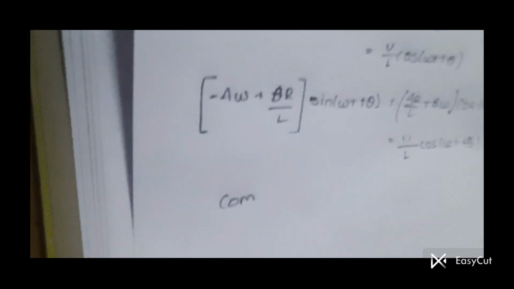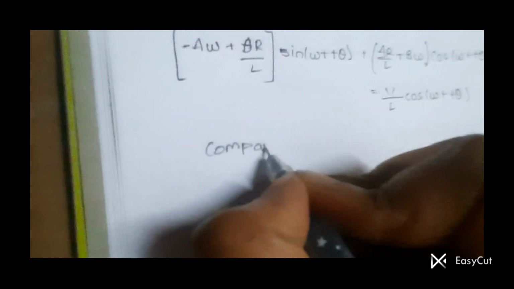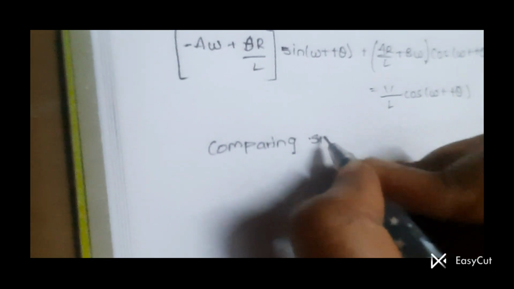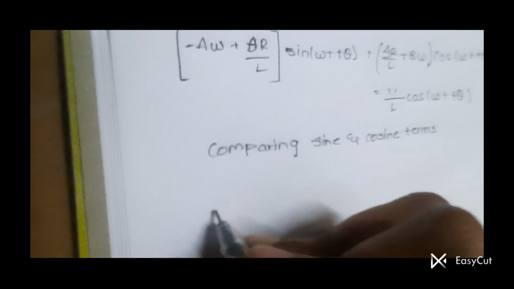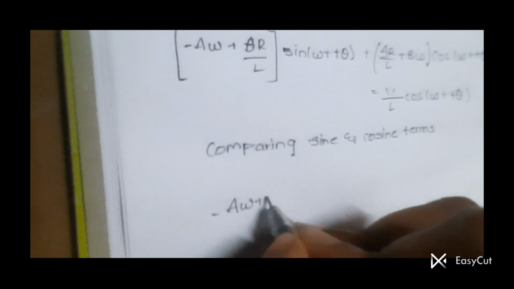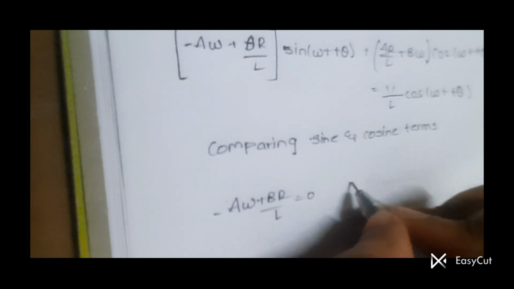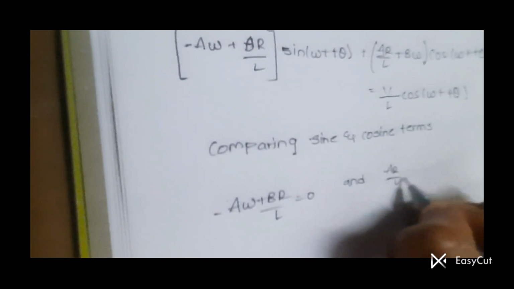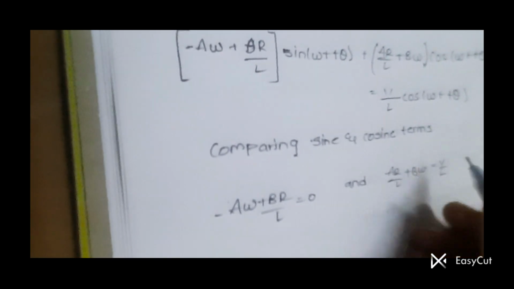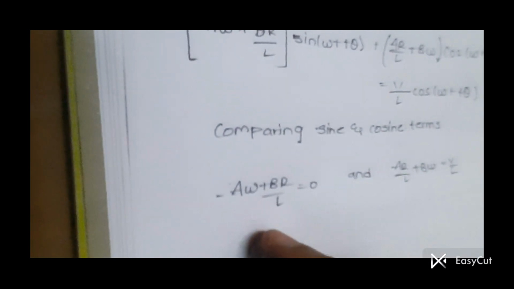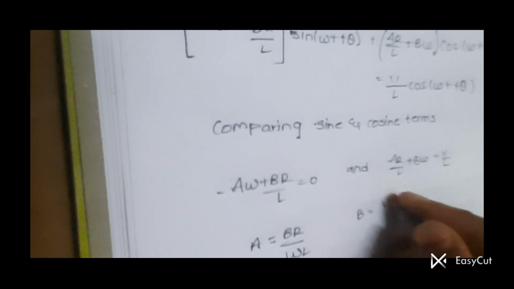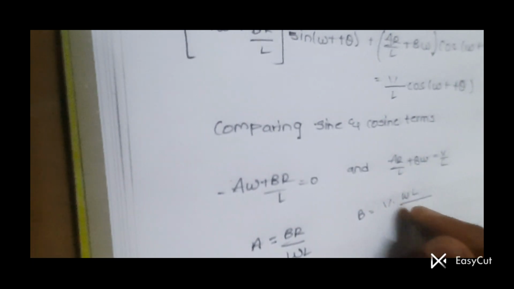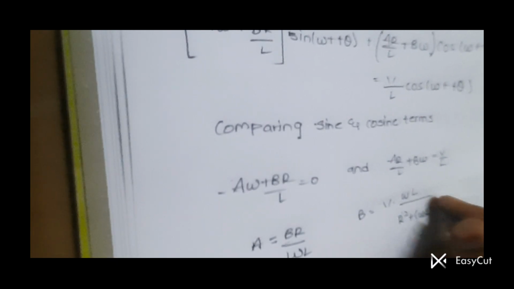Now comparing sine and cosine terms, we get minus A omega plus B R by L equals 0, and A R by L plus B omega equals V by L. By simplifying, we get the values: A equals B R by omega L, B equals V into omega L by R square plus omega L whole square.